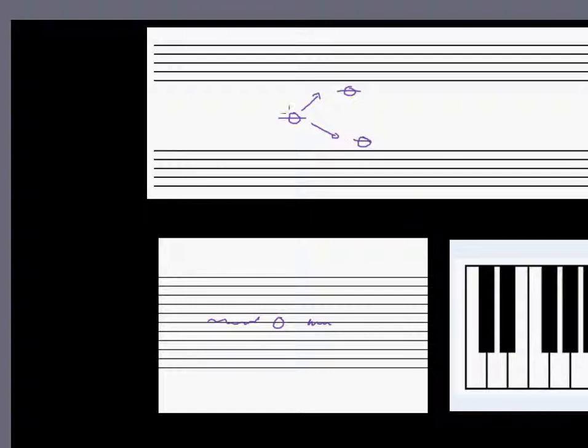It's not two separate notes. These two notes are the same note called middle C. We did all that in the last lesson.